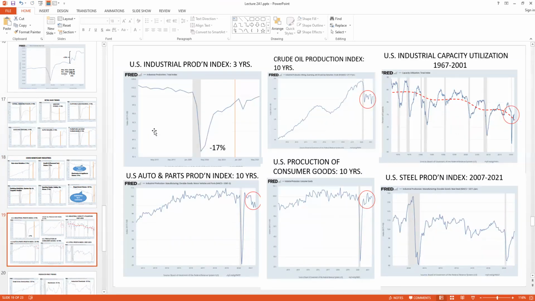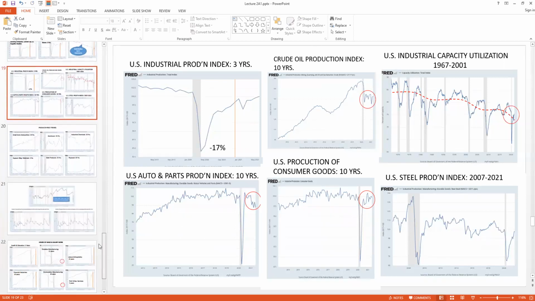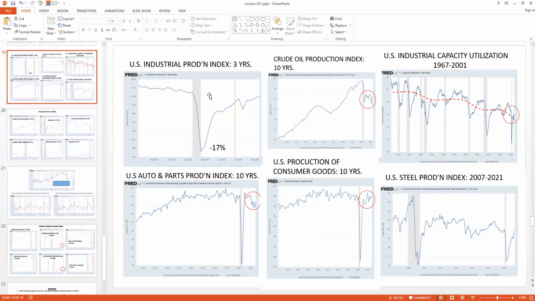This takes us then to production, the industries that produce these goods and services. And just as a general proposition, US industry really tanked during 2020. Again, you can see just what a substantial decline occurred during that year. The decline in the first quarter was 17%, which is pretty severe.